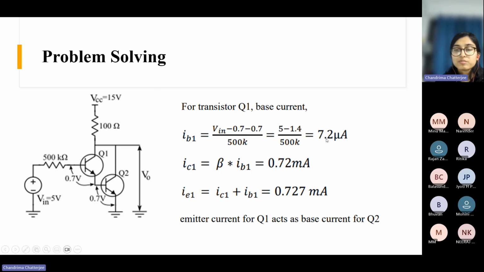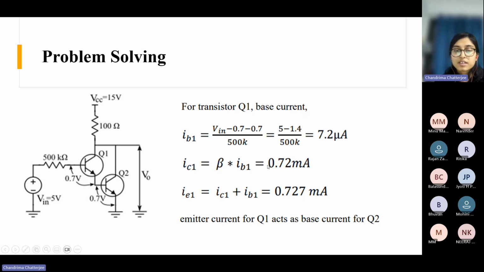This comes out to be 7.2 microampere. This is the base current of this transistor. Now, what will be IC1, the collector current of this transistor? It will be simply beta times IB1.